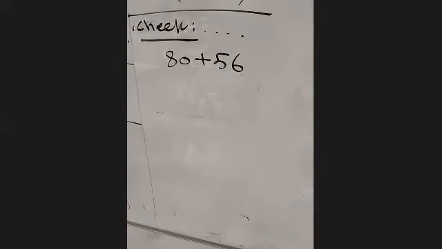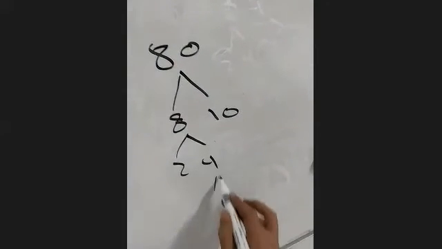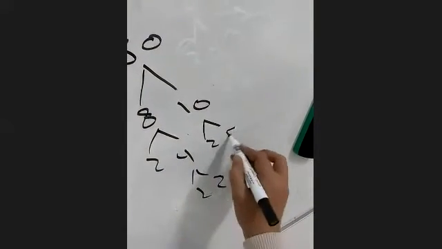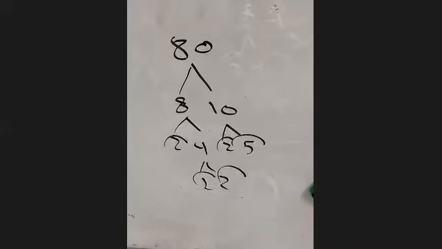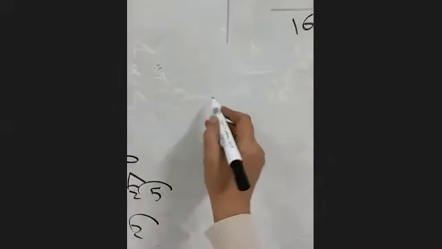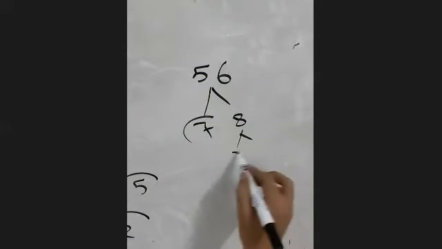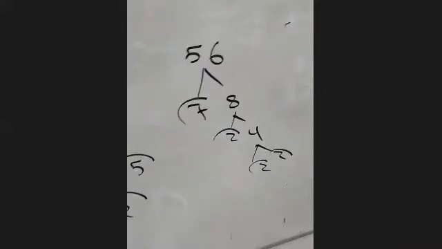I will do it quickly. 80, it is 8 by 10, 2 by 4, 2 by 2, 2 by 5, and all of these are circled, right? The 56, it is 7 by 8, 2 by 4, 2 by 2, circled, right?